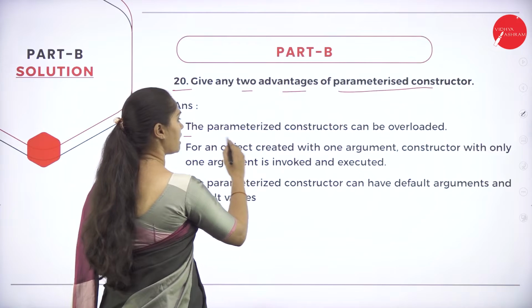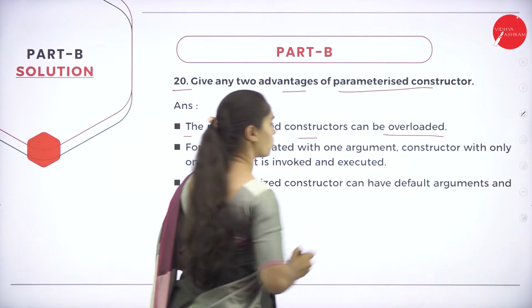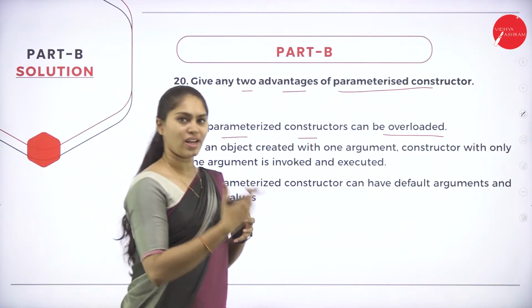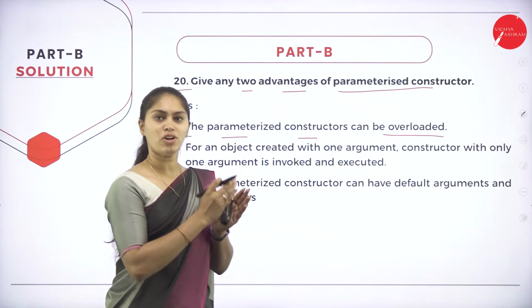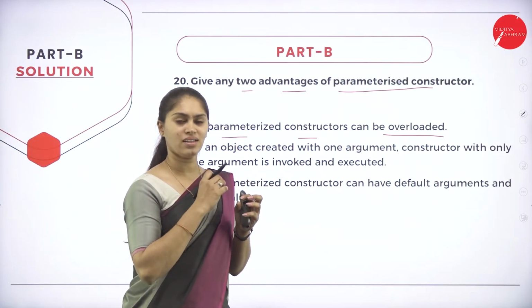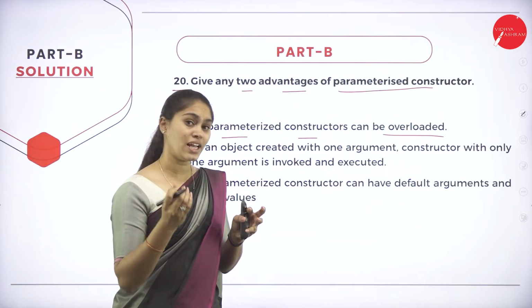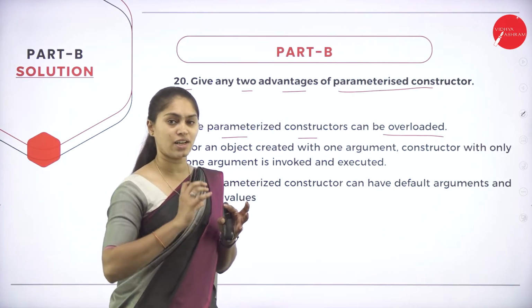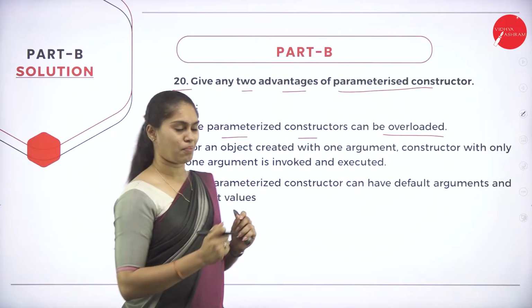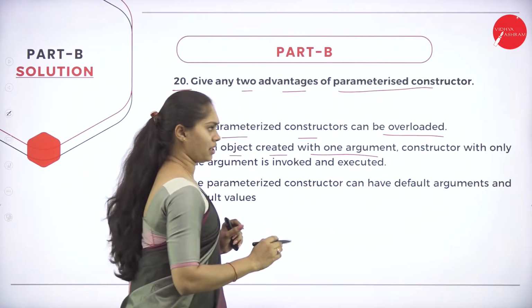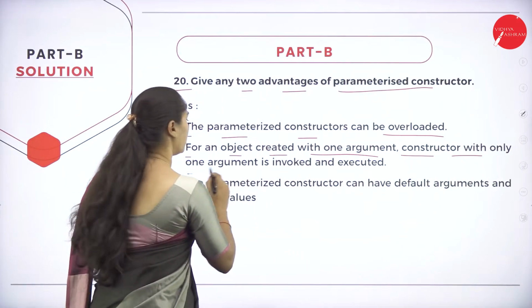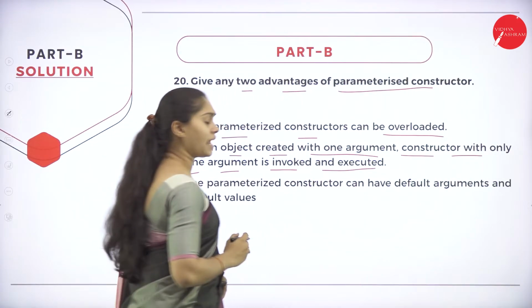So the first advantage: the parameterized constructor can be overloaded. When I am calling a function, we have a calling function and a called function. When the number of arguments matches with my calling function, then only the called function will be triggered. Here also, for an object created with one argument, the constructor with only one argument is invoked and executed.